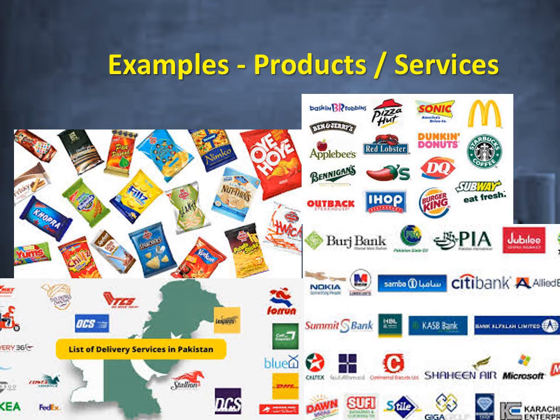These are some of the brands that you might be familiar with, you might have experienced, you might have heard, or these are some of your favorite brands, some of your favorite products.